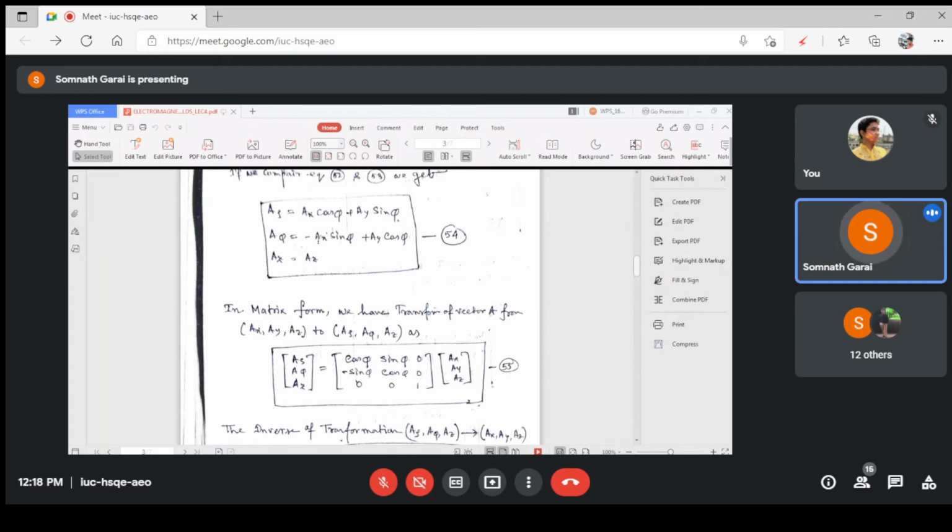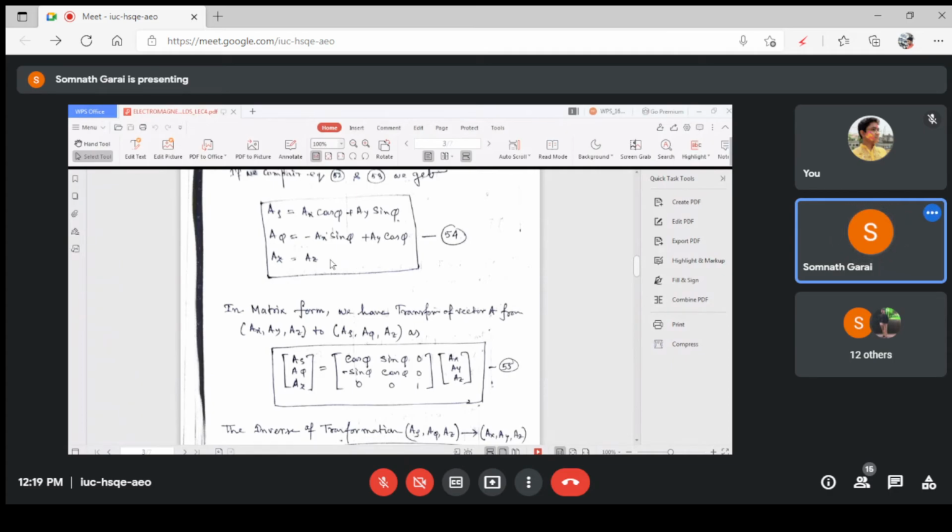Okay, similarly the second row: the coefficient of ax is minus sin phi, then the coefficient of ay is cos phi, and the coefficient of az is equal to 0, right?